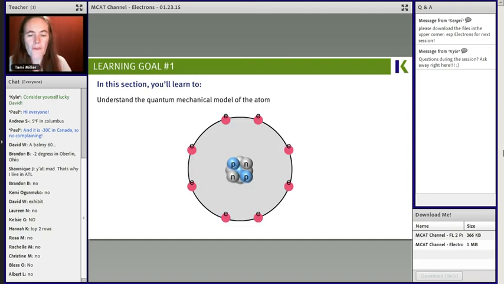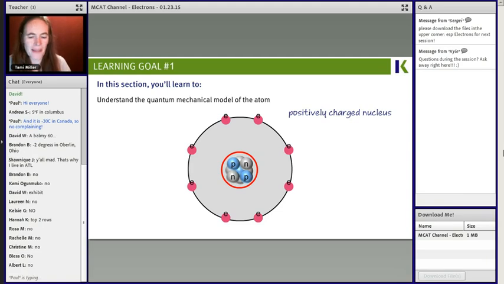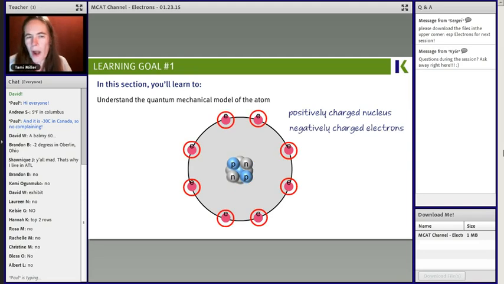All right, our first thing is to understand the quantum model of an atom. This is not something that's surprising to us. We know that the nucleus is positively charged. It contains our protons and our neutrons. Then we've got those electrons around it. Now, why are those electrons held in there?